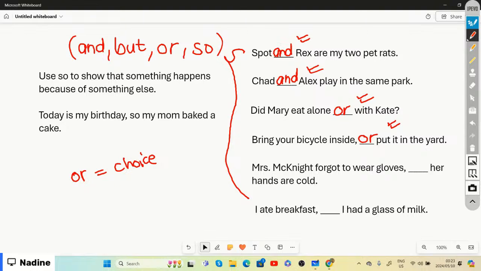Not and. So, yes, if you don't wear your gloves, your hands are going to be cold, right? But if I forget to wear my gloves, then it's like saying, I forgot to wear my gloves, so that's the reason why my hands are cold.